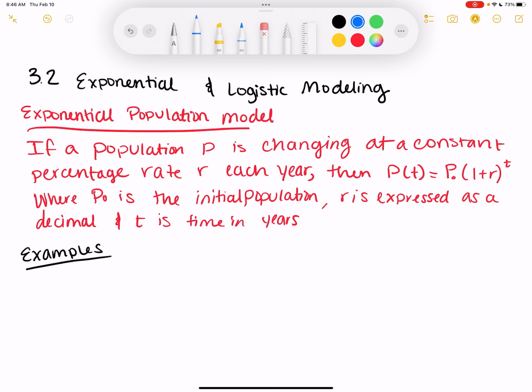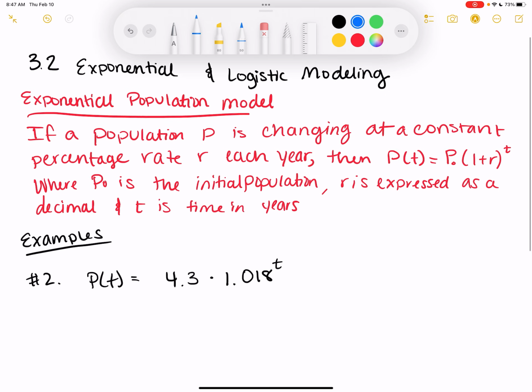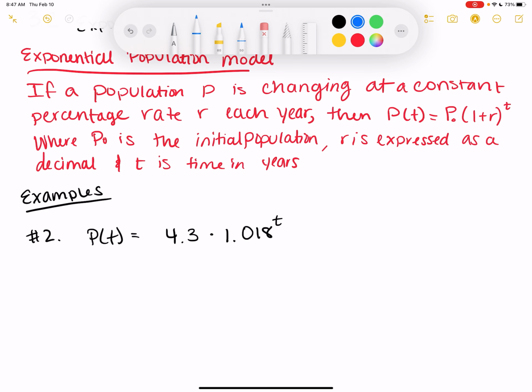So, problem number 2 is P of T is equal to 4.3 times 1.018 raised to the T. So my initial P sub 0 is equal to 4.3.